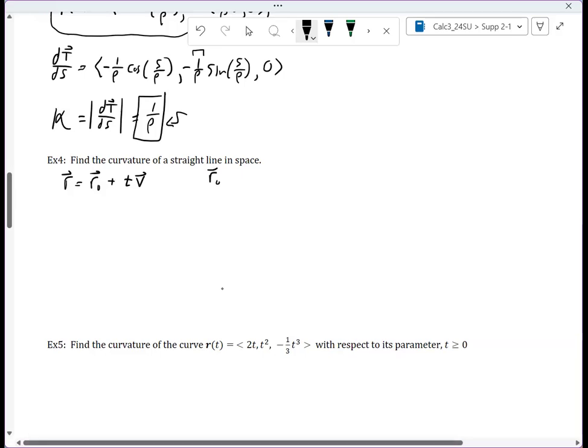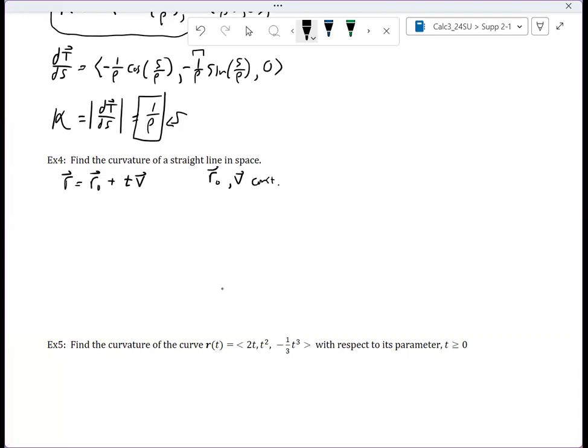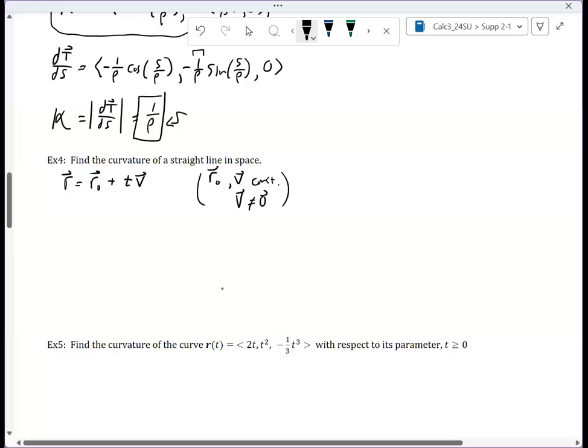Here, r naught and v are constant vectors. r naught is the position or location vector, and v is our direction vector for our line. Here we'll also assume that our direction vector v is not the 0 vector. That would be a bit silly, so we'll assume that, but I don't think that's a big surprise.